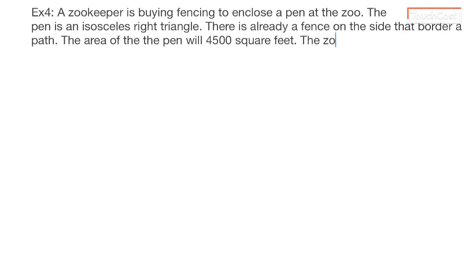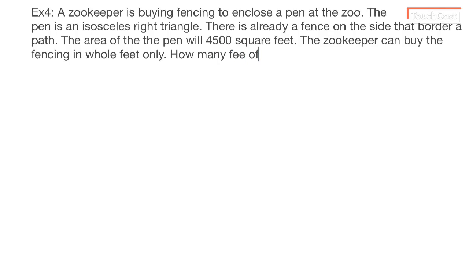The zookeeper can buy the fencing in whole feet only, so we can't get decimal or fraction values. We want to know how many feet of fencing the zookeeper should buy.